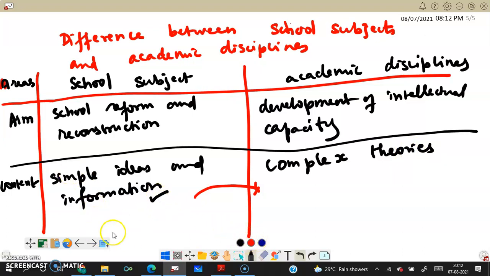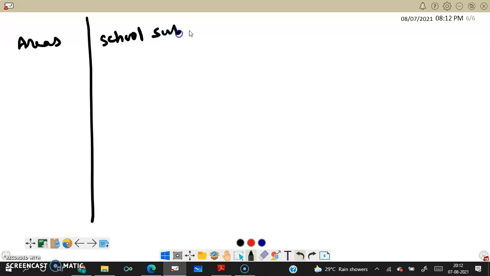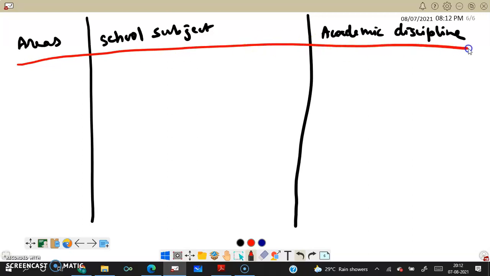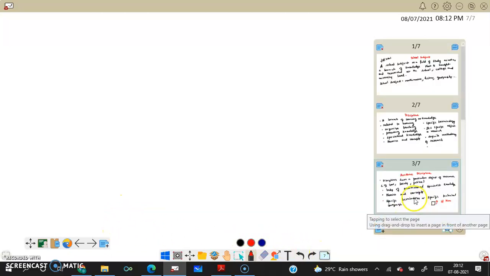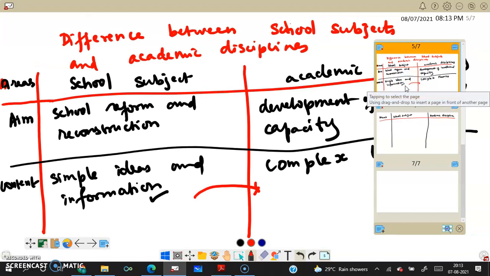Then we can go to the next concept, that is same only, areas: school subject, academic discipline. Here we have seen aim and content.